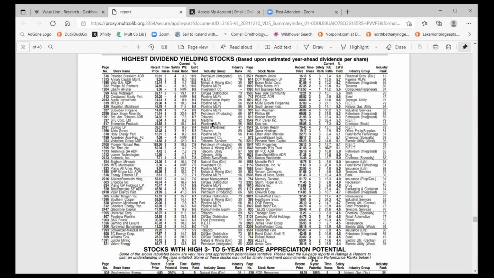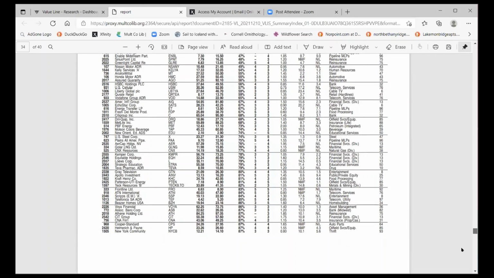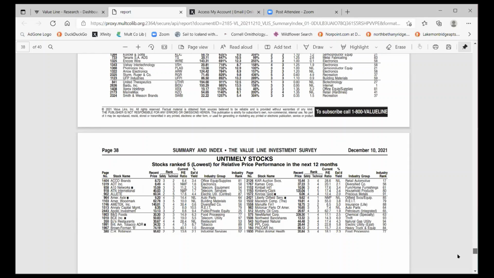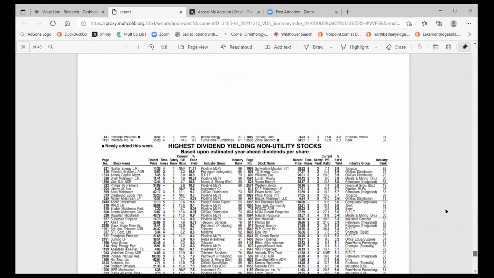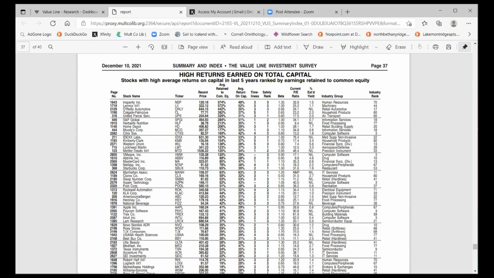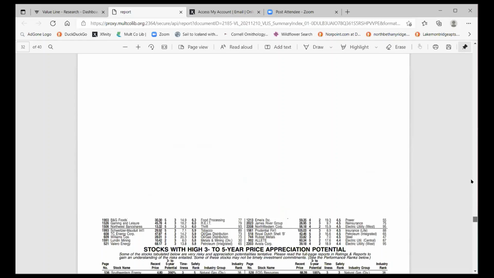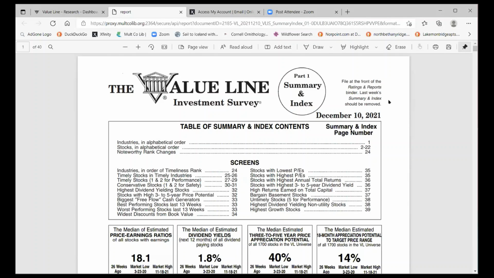So I stop here. This weekly thing goes on with list after list after list, which I would suggest you probably want to go through the first time you do this, just to see what it is that they're offering.